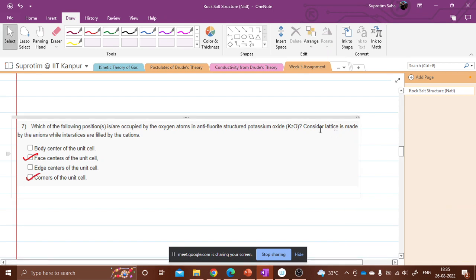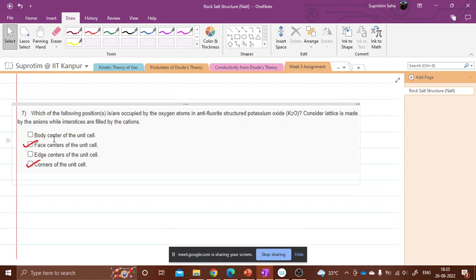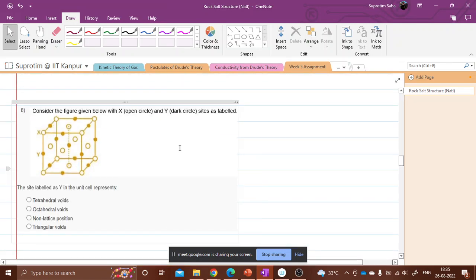And it is already mentioned that the lattice is made by the anions, right? So the FCC structure will be made by the anion. Oxygen in that case, A2X or K2O, is specifically given. So the faces of the unit cell will be occupied by the oxygen ions, and also the corners of the unit cell. Okay.